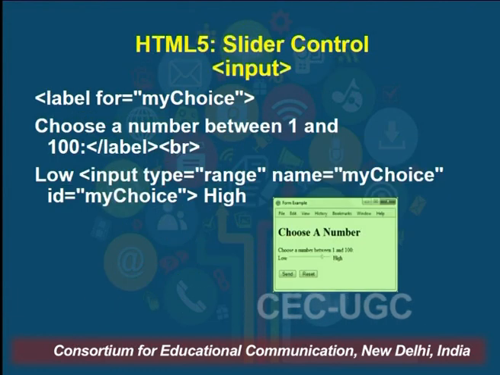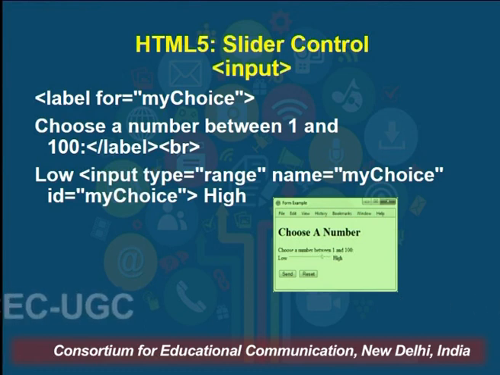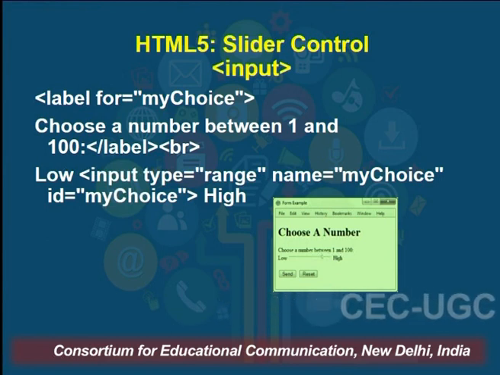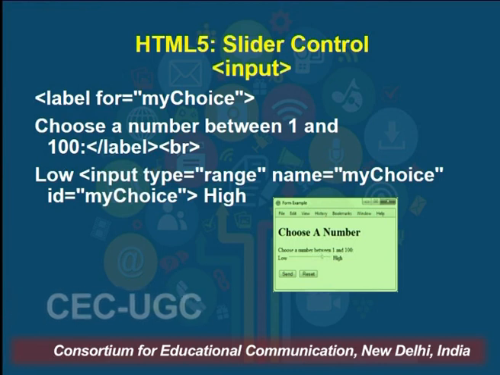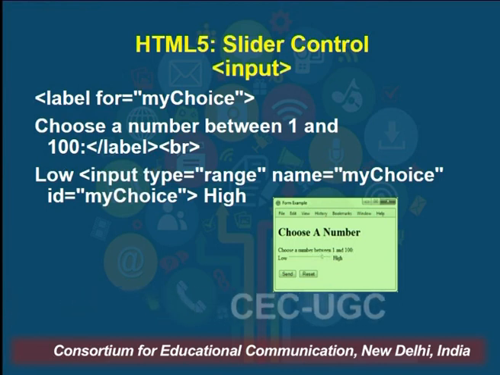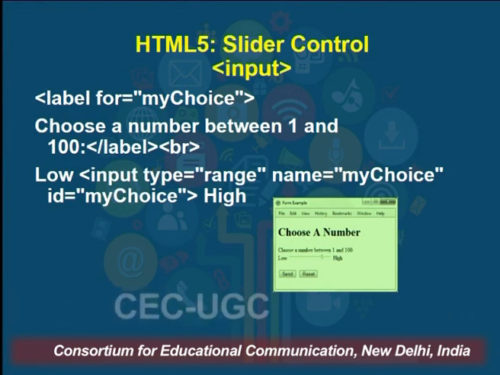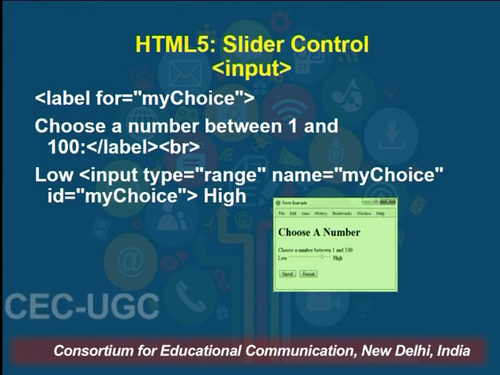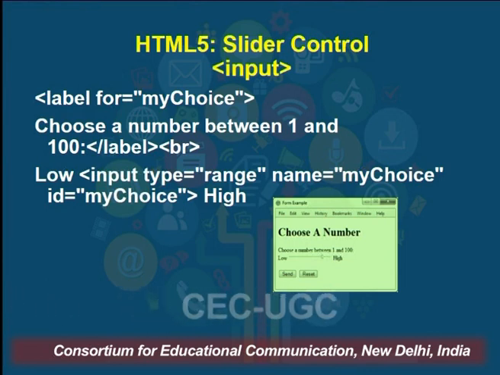Then we can also specify the slider control. Slider control is generally used when you are taking users' feedback, or when you are asking the user to mark something, to specify a range of options. So in this case you can choose a number between 1 and 100, and you allow the user to specify a lower end and a higher end. So in this case your input type will be a range.